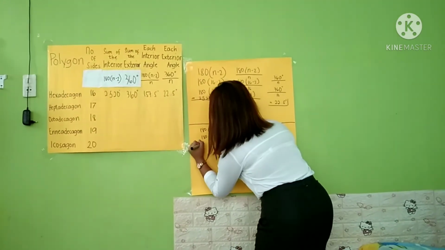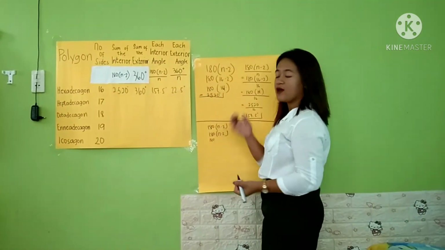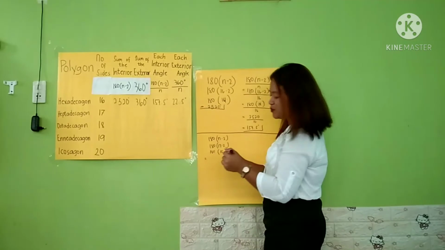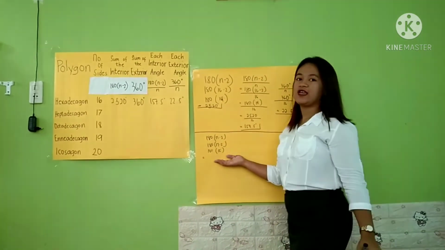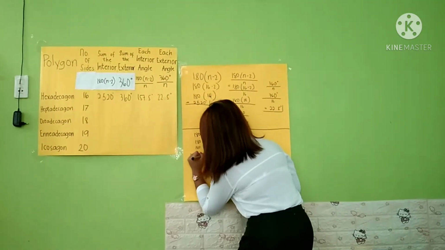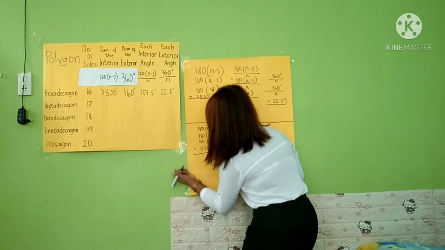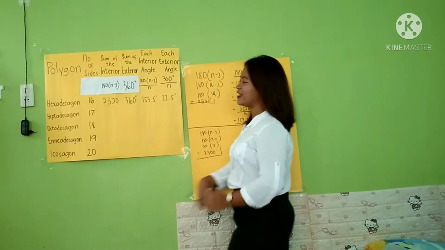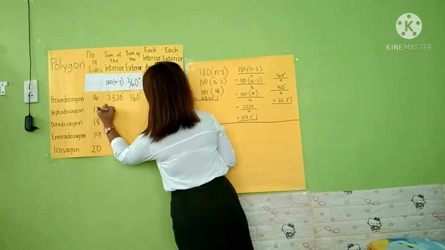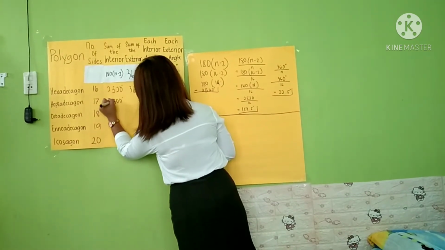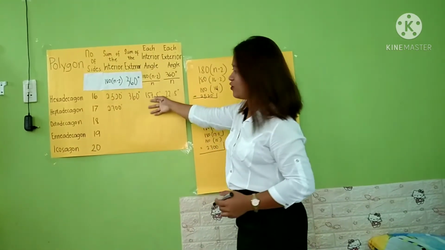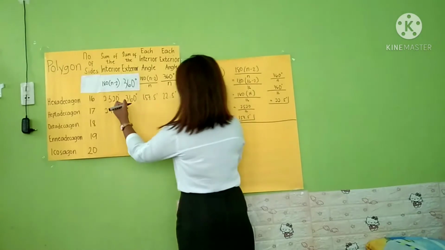Bring down 180. 17 minus 2 is 15. 180 times 15 is 2,700. We write 2,700 beside the heptadecagon. As we all know again, the sum of the exterior angles is also 360 degrees.